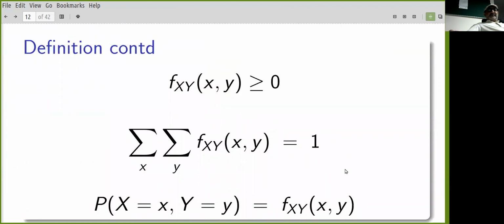Well, you need conditions which are similar to those for the single variable case. The PMF for all values should be greater than or equal to 0, right? Probabilities are greater than or equal to 0. The sum over all the allowed values of x and y of the PMF, all the probabilities, sum to 1.